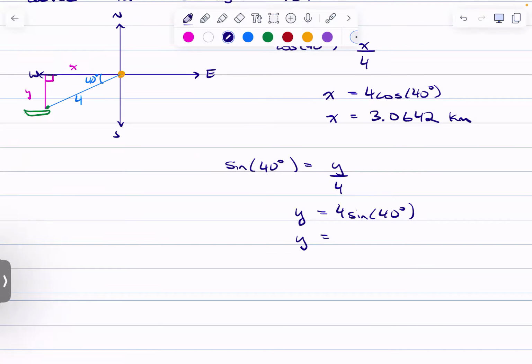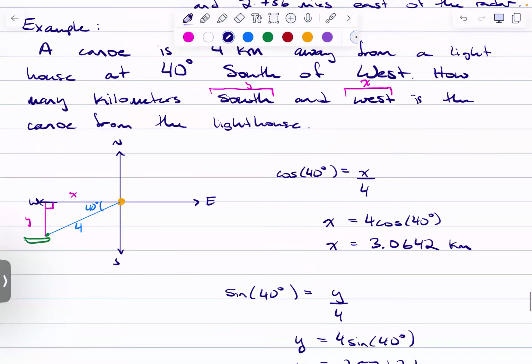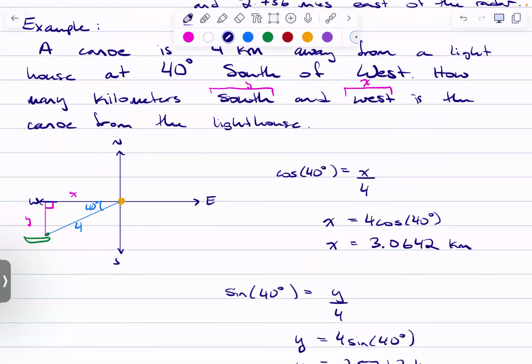I get 2.5712 kilometers, rounding again. So, how many kilometers south and west is the canoe from the lighthouse?